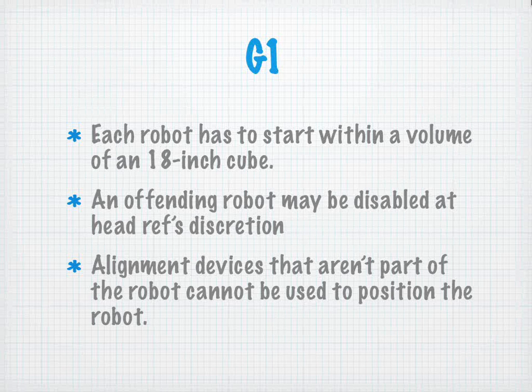So I can't use a laser pointer or a meter stick or something to get a robot pointed at the specific column or peg that I want to go after. Now, if they've put some sort of little sighting device that's actually built onto the robot and conforms to all the robot rules, they can use that, but they can't use any external device or any device that would be illegal to have on the robot.